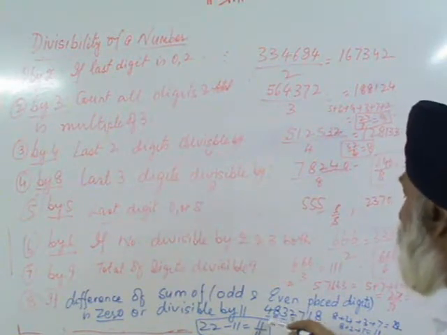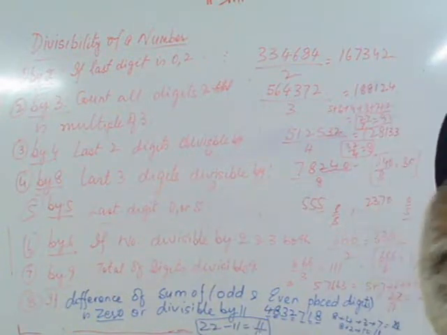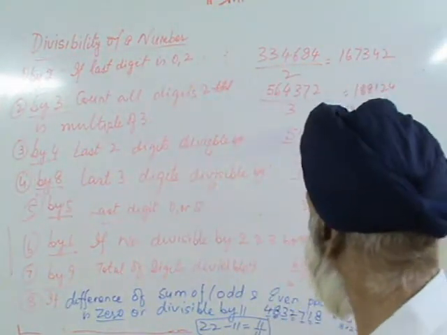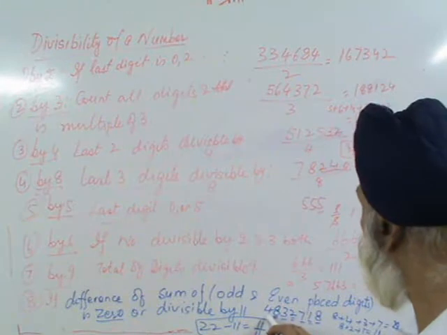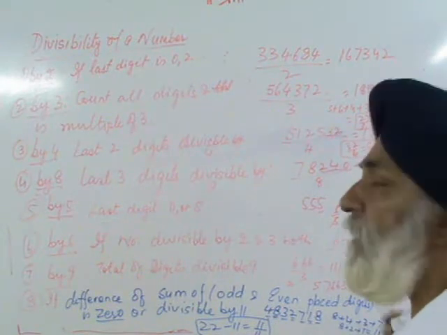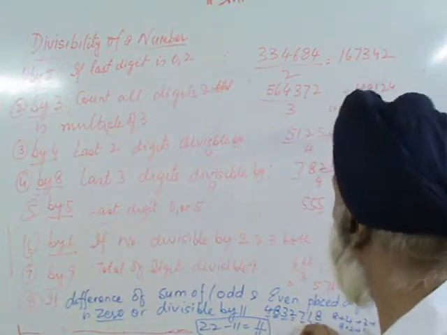This is 48,32,780. If you see the odd placed digits, 4, 3, 7 and 8, that total comes as 22, and the even placed digits are 8, 2 and 1.